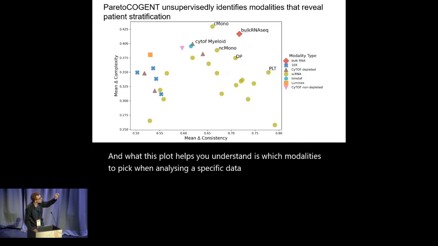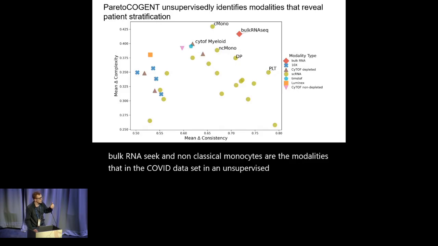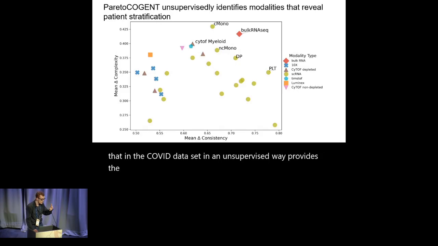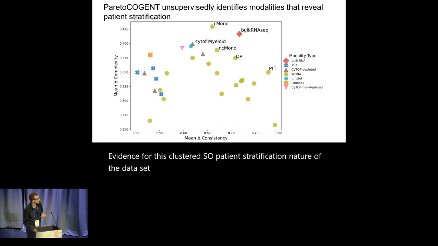So classical monocytes and bulk RNA-seq and non-classical monocytes are the modalities that in the COVID data set, in an unsupervised way, provide the largest evidence for this clustered, so patient stratification, nature of the data set, and they are also very consistent.